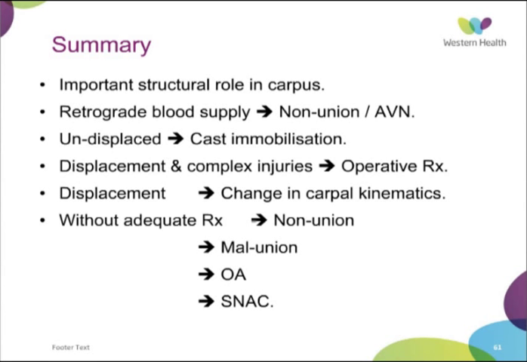Undisplaced fractures can be treated with cast immobilization, whereas displaced or complex injuries need operative management. The displacement of the fracture will change the carpal kinematics, and without adequate treatment, patients may develop non-union, malunion, arthritis, or later on develop SNAC.